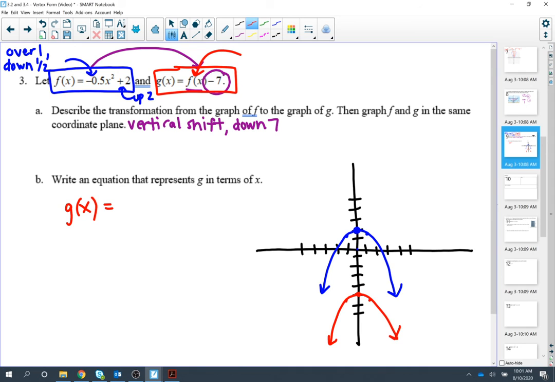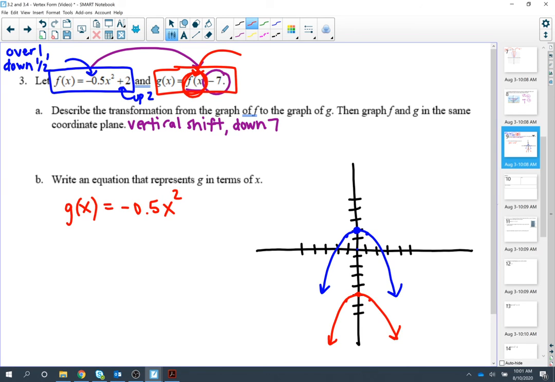What would the function be if we didn't just have f of x there? First of all, we know that it goes over 1 down a half, so we're going to keep the negative 0.5 x squared because that's what the other graph did, and that's what this graph does.